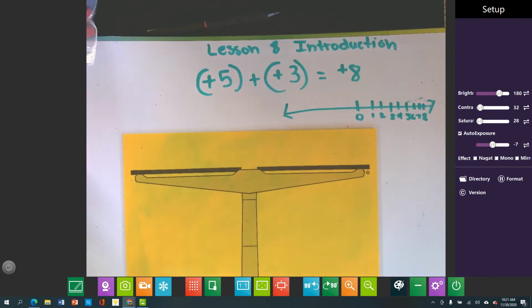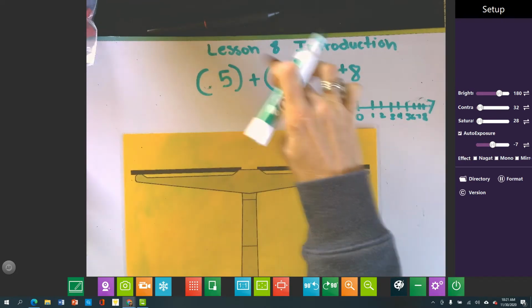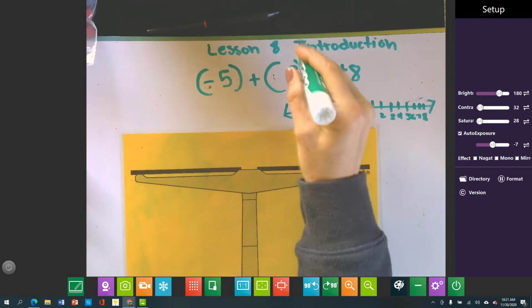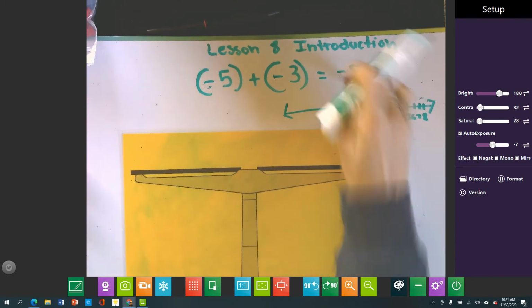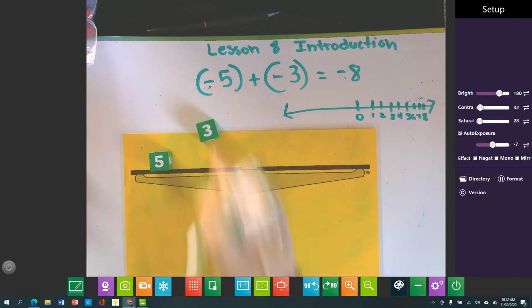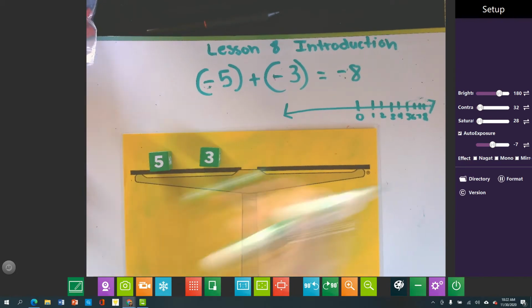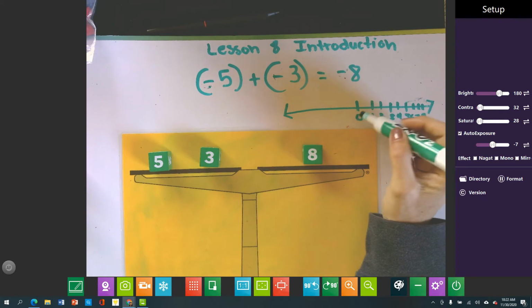So in this problem, we're going to have negative numbers now. Negative 5 plus a negative 3 is going to equal a negative 8. If I have my soup and I started out with the degrees of 5 and I brought it down 3 more degrees, it's decreasing. So now it decreased to a total of 8. Now we're going to be working on the other side of the number line.